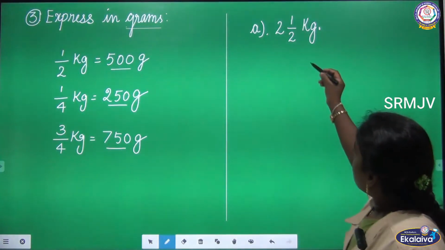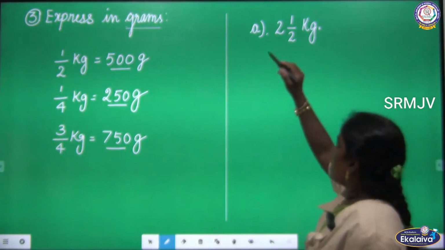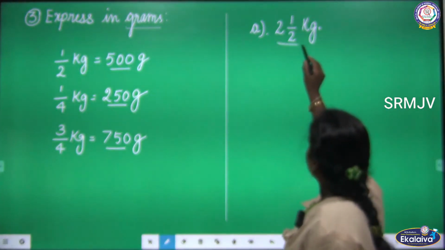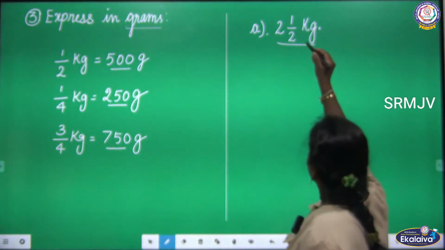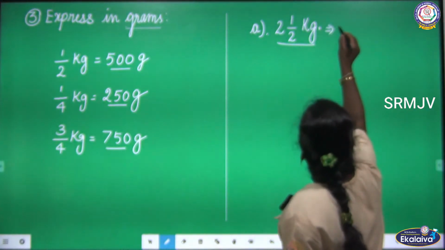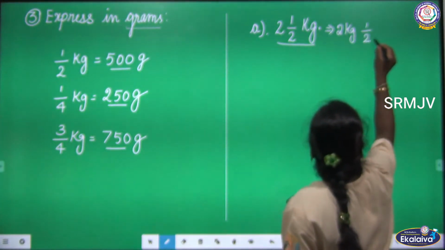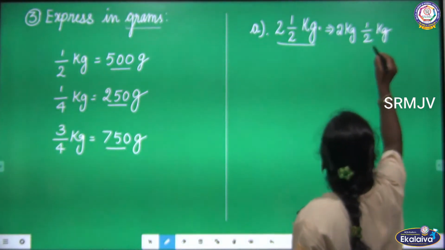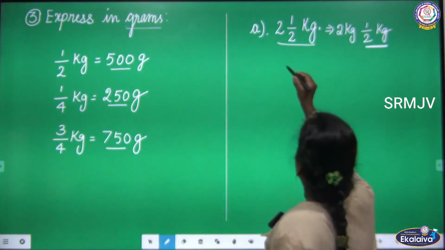So here the first question is 2 1/2 kilogram. Let us split the given measurement into kilogram and grams. So we can split this as 2 kilogram and 1/2 kilogram. So we know that 1/2 kilogram equal 500 gram.